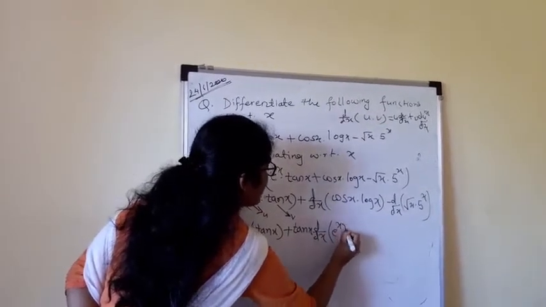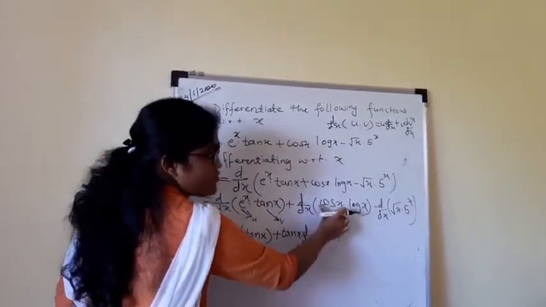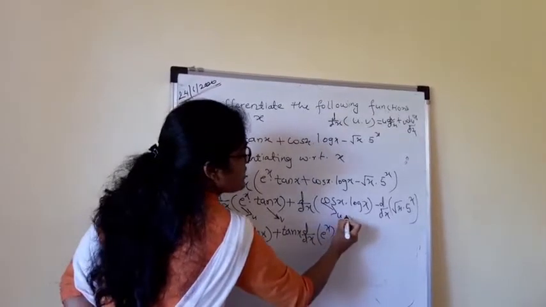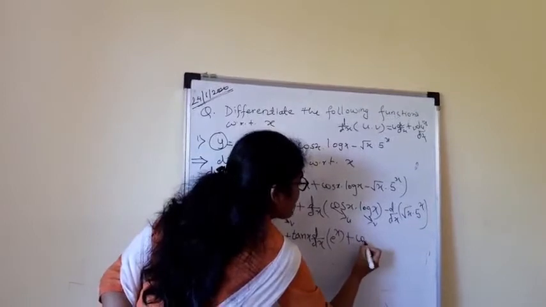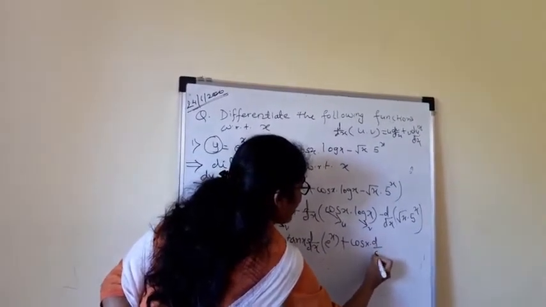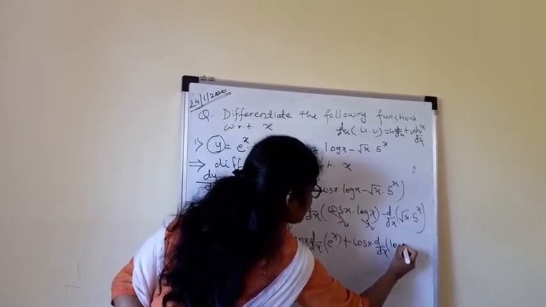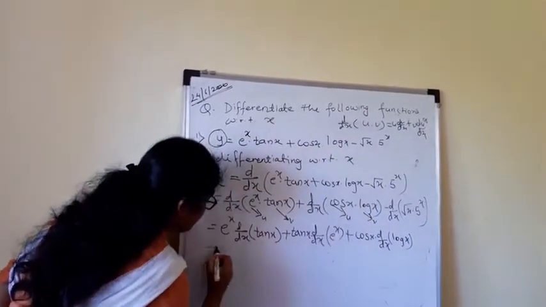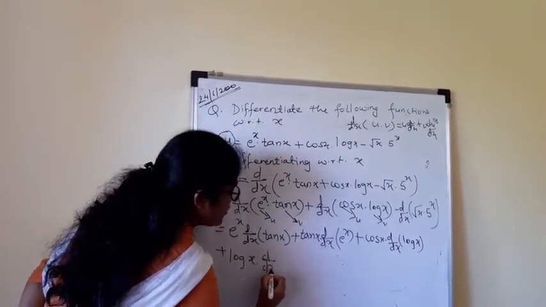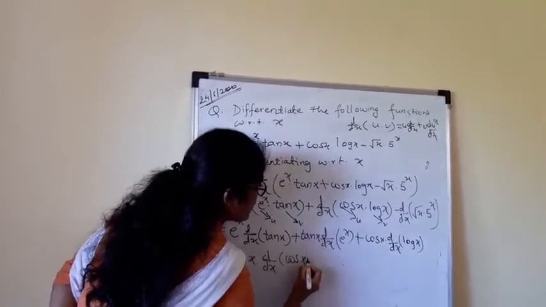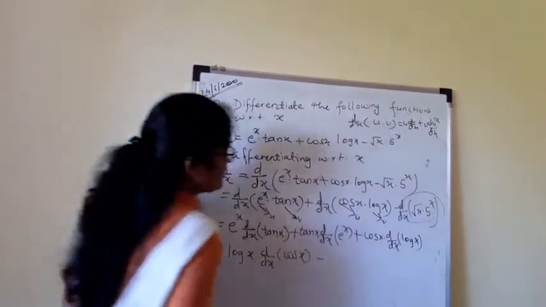e raised to x plus, now d by dx of cos x into log x. Here u is this and v is this. So u as it is, cos x into d by dx of log x plus log x into d by dx of cos x minus, now derivative of this.